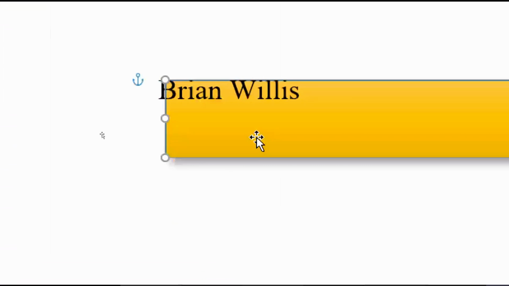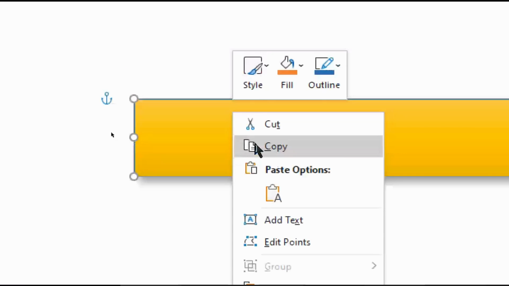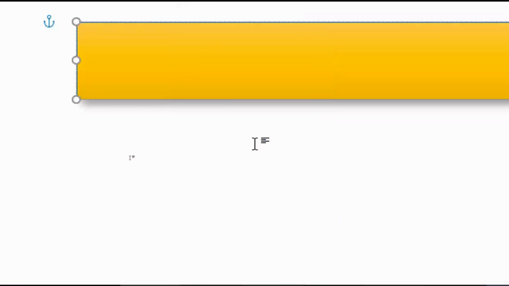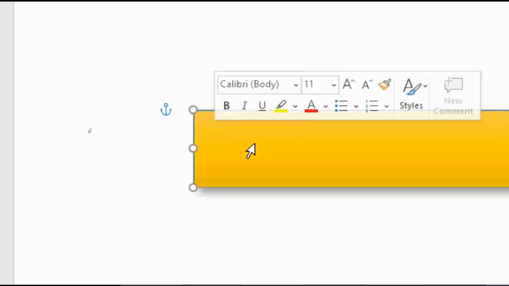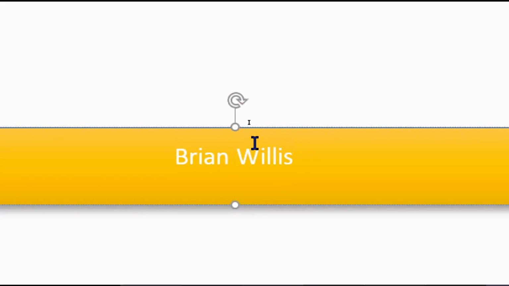We have somewhat already done that, but just for the sake of demonstration and to make this look a little cleaner, we're going to right-click, Add Text, and I can find my insertion point. I'm just going to put my name again, and it centers it for you. Oh, it just took me a second to spot it.